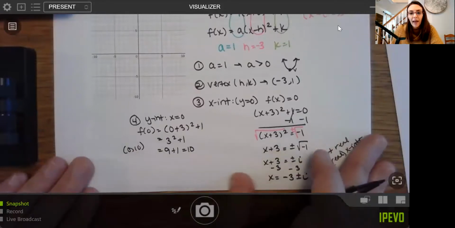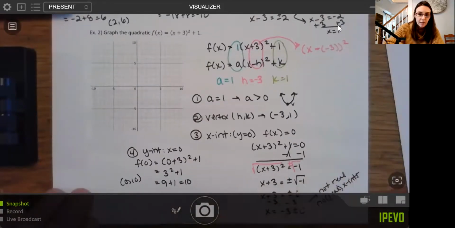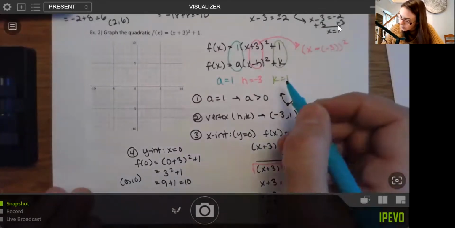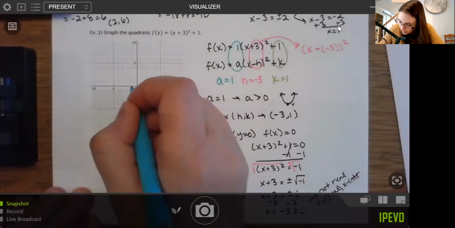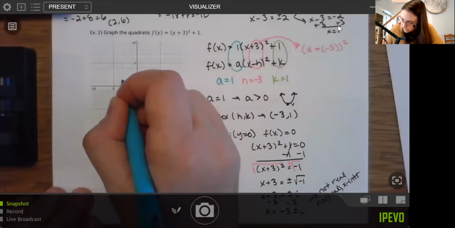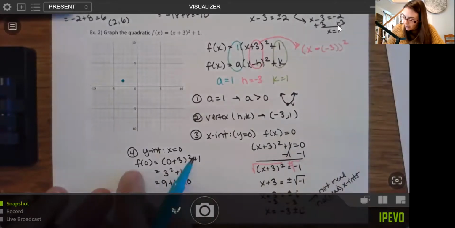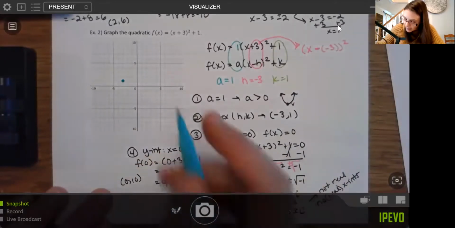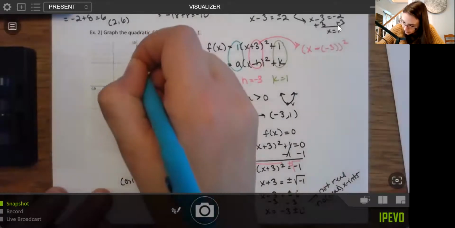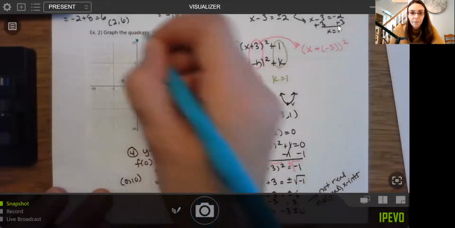So let's graph what we have. Again, I'm going to start with my vertex. So my vertex here is (-3, 1). I don't have any x-intercepts to graph, and my y-intercept is at (0, 10). So up here, 5, 6, 7, 8, 9, 10 would be right there.